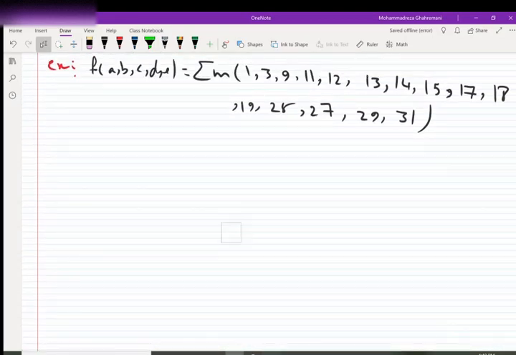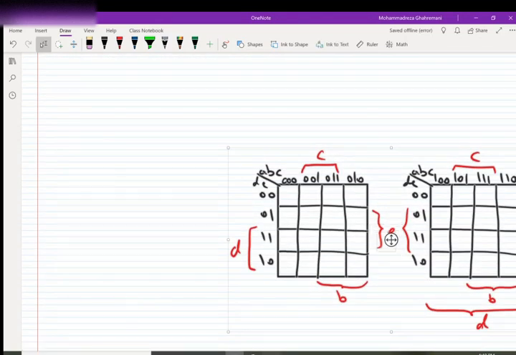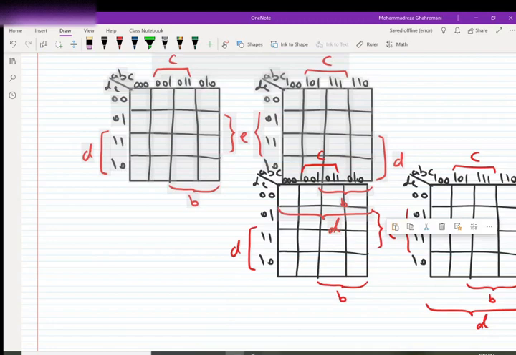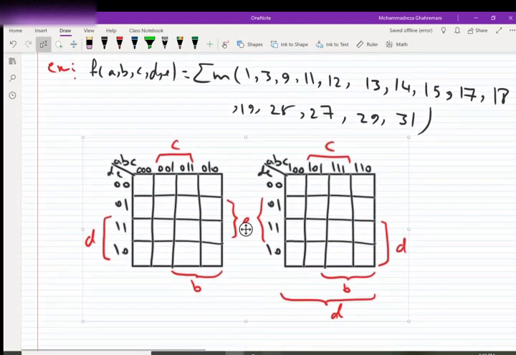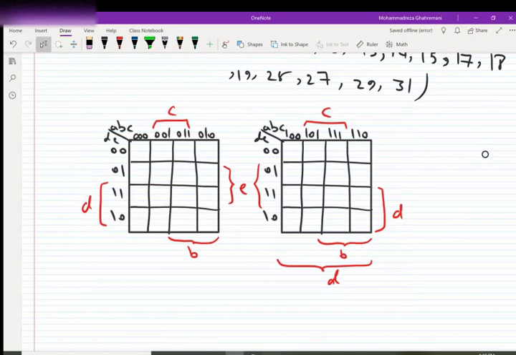Okay, so let's place the min terms in the tables. If we do that, we will have the ones marked.